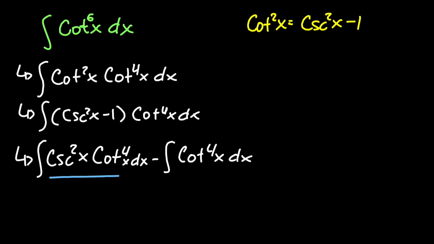And so by focusing on this first, let u here be cotangent of x. du right here would be equal to negative cosecant squared of x dx.